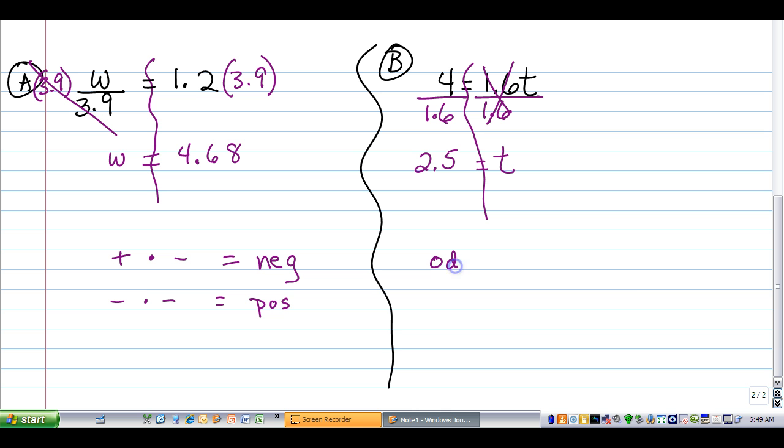Or some of you like to remember it as an odd number of negatives means it's going to be negative, and an even number of negatives, the answer is going to be positive. So whichever rule you like, this one meaning if they are different, the answer is negative, and if they're the same, the answer is positive. Okay, let's have you practice now.